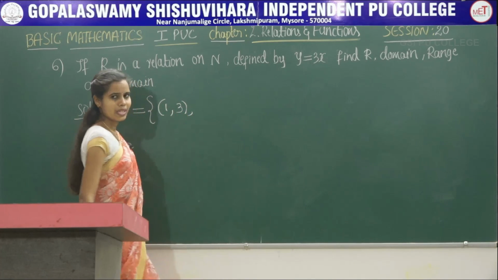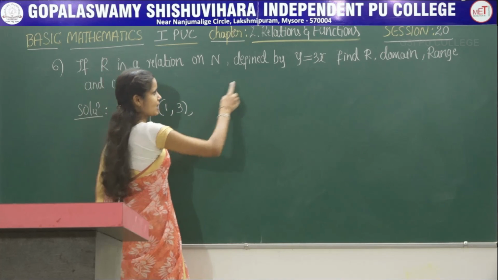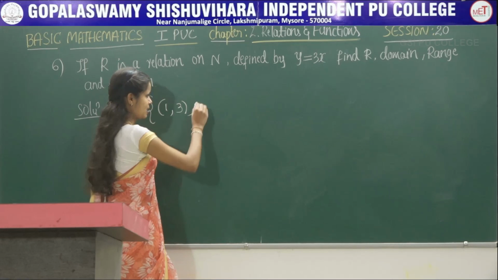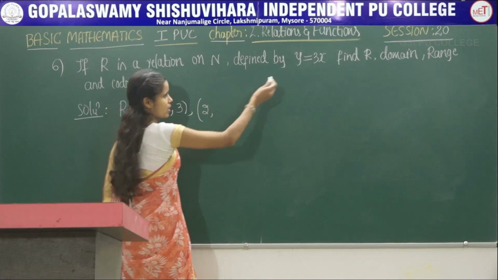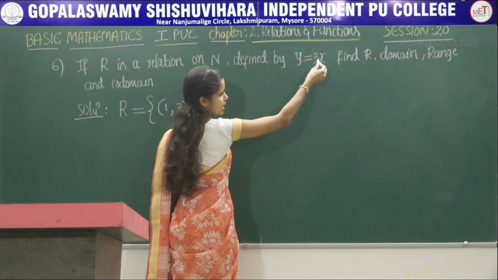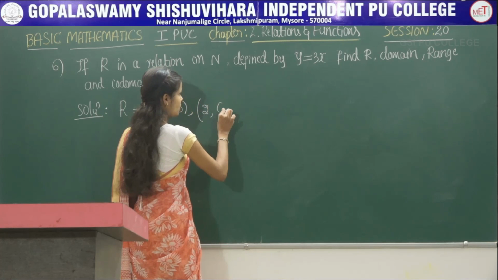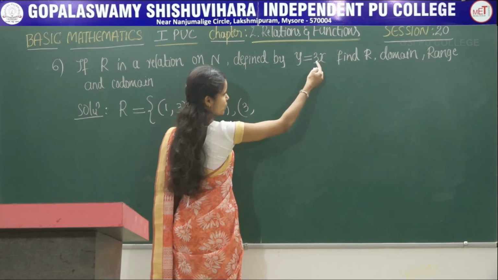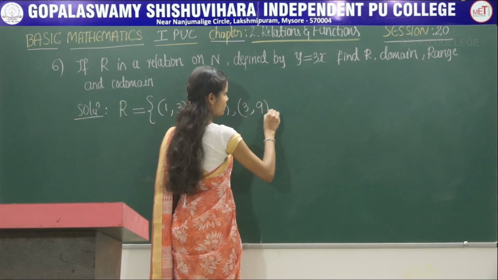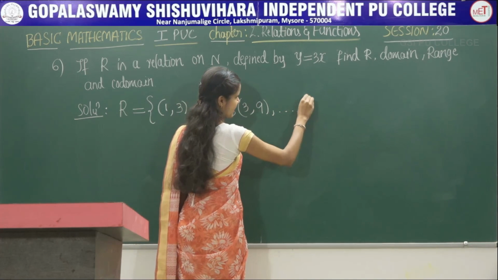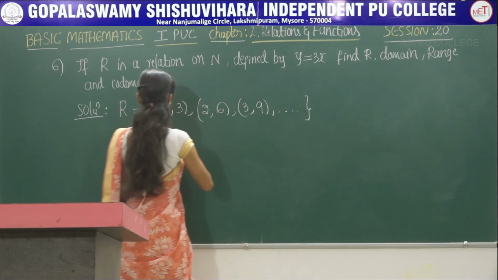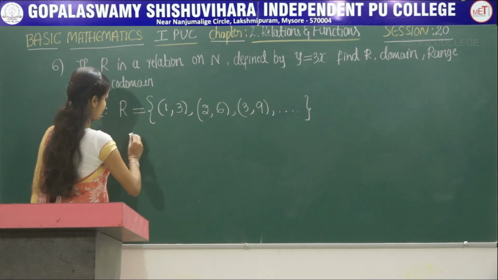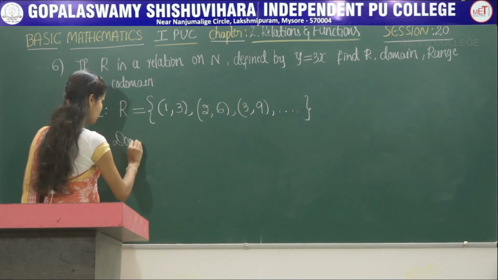Then y is 3 into 1, so y is 3. The ordered pair (1, 3) satisfies the condition y is equal to 3x. Next, consider x is equal to 2. Then 2 into 3, y is equal to 6. Next, consider x is equal to 3. Then 3 into 3, y is equal to 9. The set N contains infinite numbers, therefore the relation also contains infinite ordered pairs. Now find the domain, range and codomain.